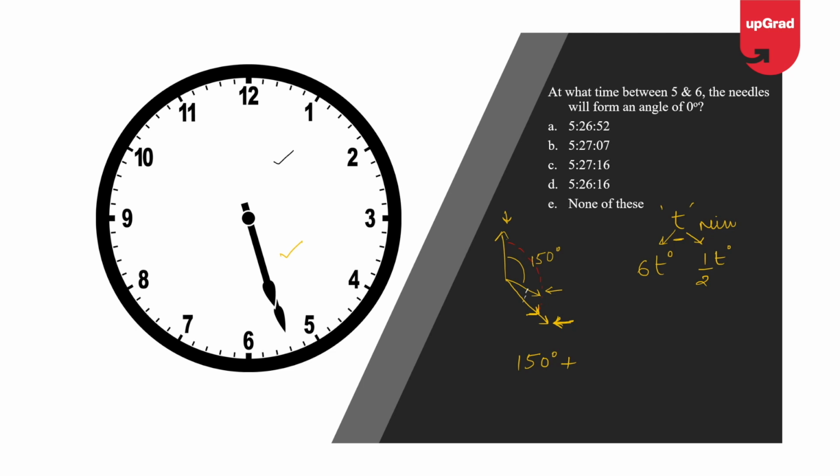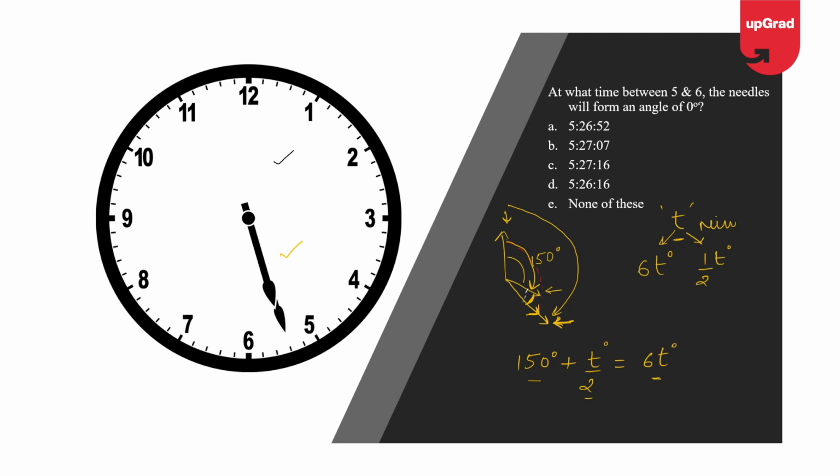plus, can you understand this? Minute hand has to travel this 150 degrees plus this t by 2 degrees to achieve a 60 degree. I hope this is clear to all. You can check that the complete travel of minute hand is 150 degrees, which was the initial angle between the hour hand and the minute hand, plus t by 2 degrees, and which is automatically equal to 60t degrees.